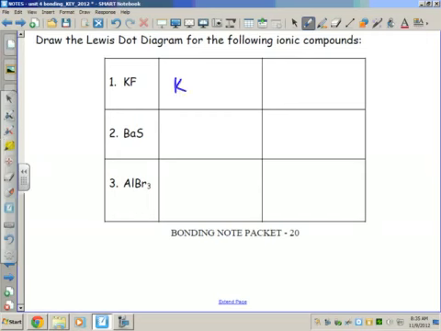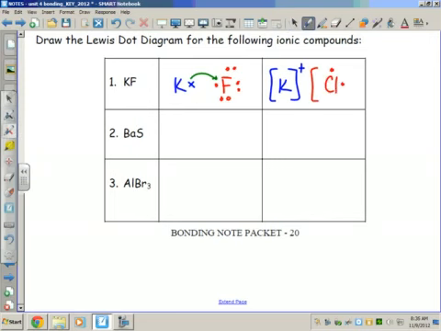We start with potassium, give it 1 valence electron. Right next to it, we're going to draw fluorine with 1, 2, 3, 4, 5, 6, and 7. We show the transfer of electrons from potassium to fluorine. And now it's time to draw them post-transfer. Potassium with bracket and charge.